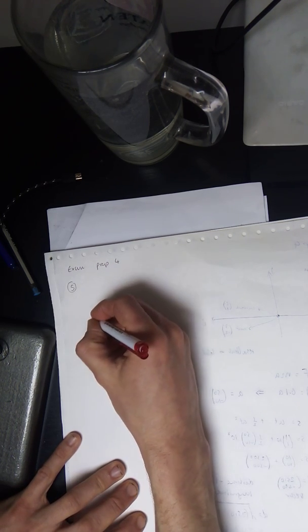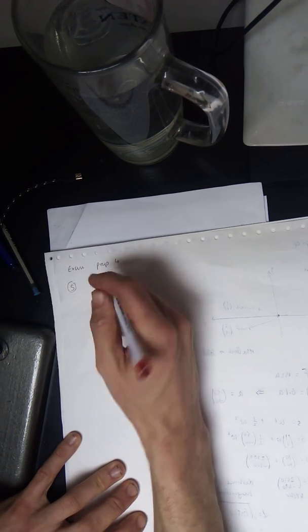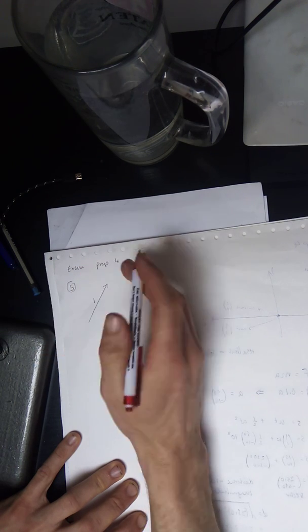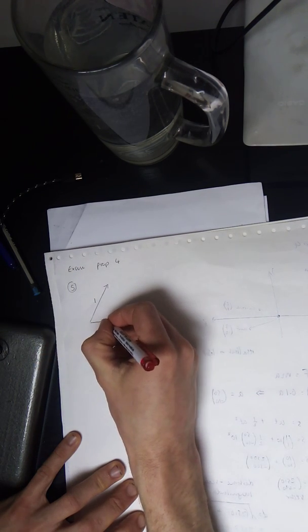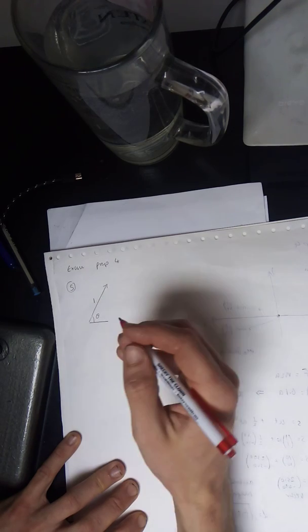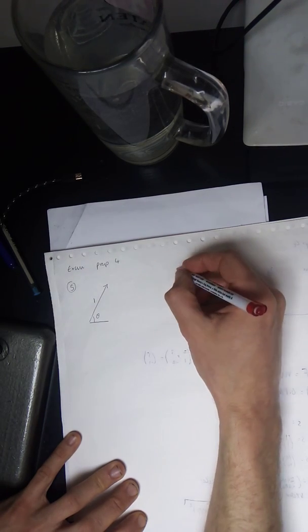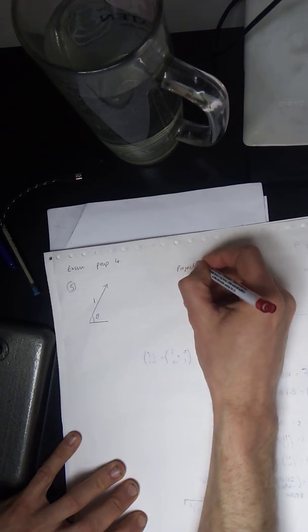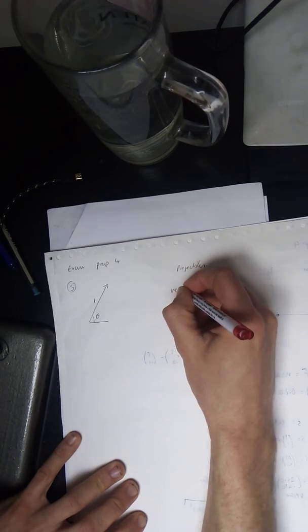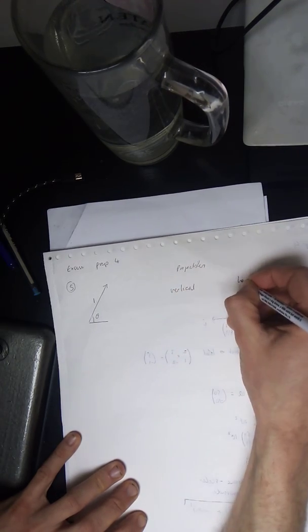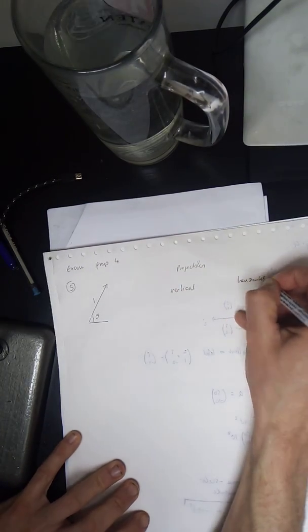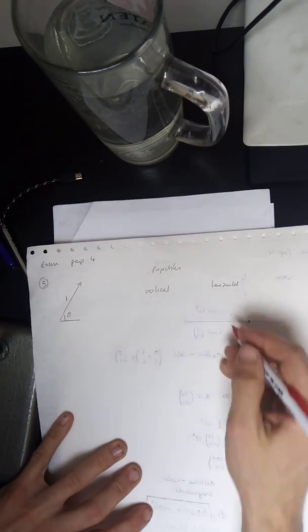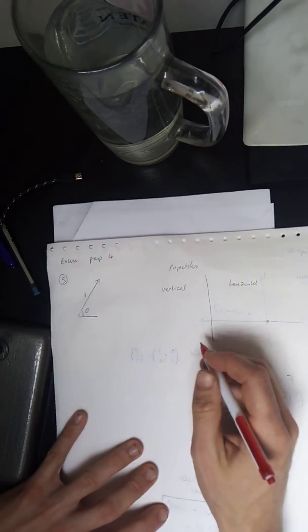So what we've got here is 1 is the speed, and we want to split this, that's theta, into vertical and horizontal components.